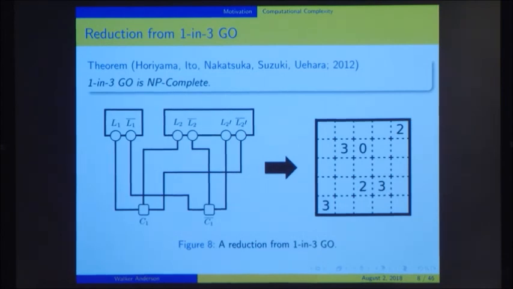You can put these Five Cells puzzles together to form a large Five Cells puzzle that is capable of representing any 1 in 3 GO problem. Now, in order to solve the Five Cells puzzle, you would have to solve the 1 in 3 GO problem as well. And because we know that 1 in 3 GO is NP-complete, with a few other details, that allows you to conclude that Five Cells is NP-complete as well.